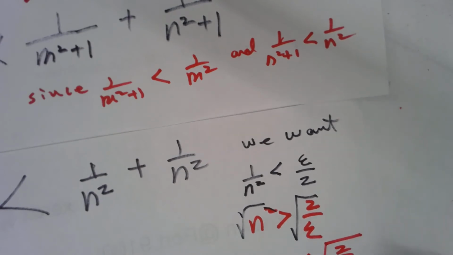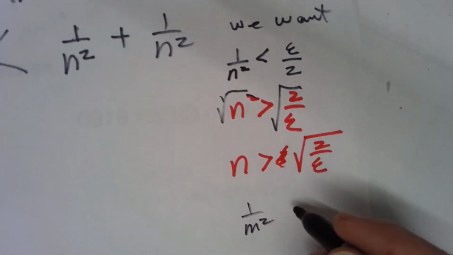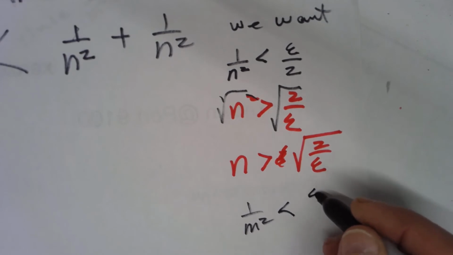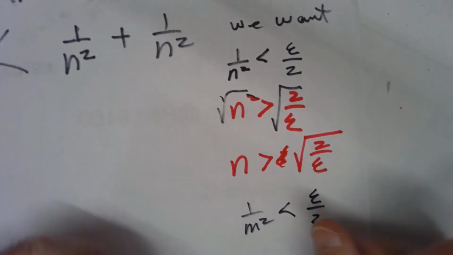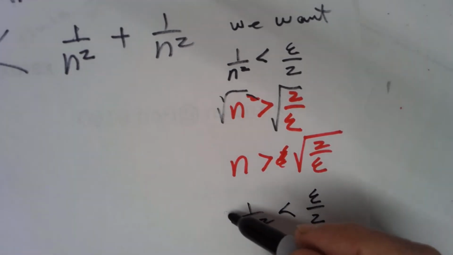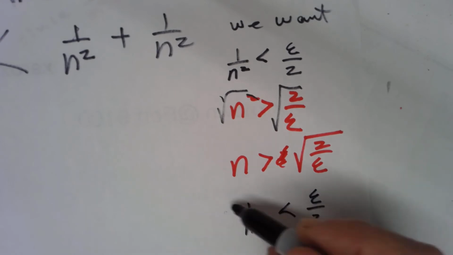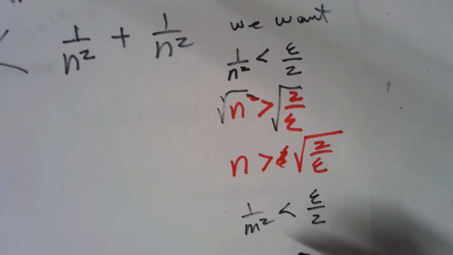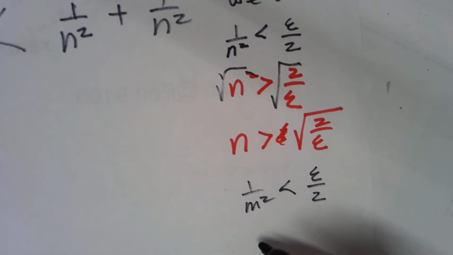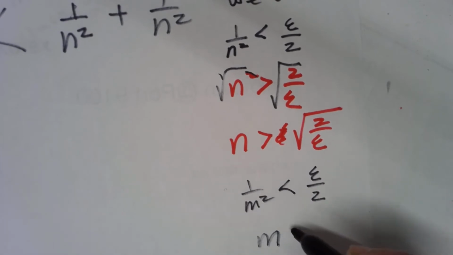So n is greater than the square root of 2 over epsilon, and we could do the same thing with 1 over m squared is less than epsilon over 2, and apply the reciprocal. We can multiply by m squared, then multiply by 2 and divide by epsilon, or we could just apply the reciprocal and switch that inequality sign, so that's 2 over epsilon.